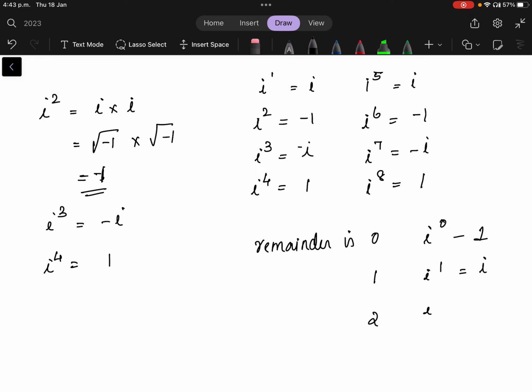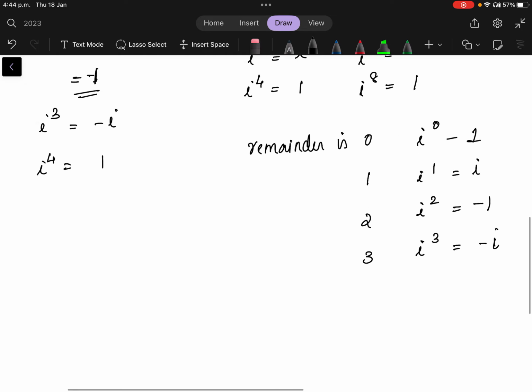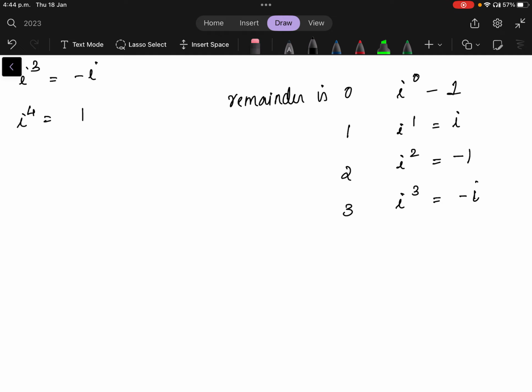If the remainder is 2, it will be i square, which is -1, and if the remainder is 3, it will be i cube, which is -i. So that's the concept which you can apply.